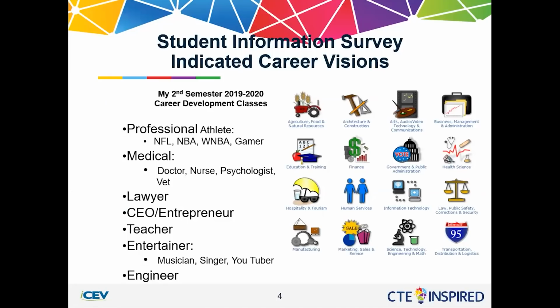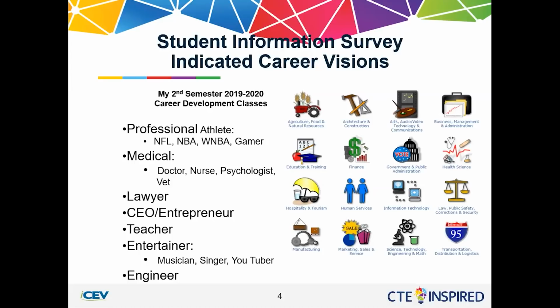This is the result of that survey we took, just to see where the kids' interests were lying in their career plans at the time. I teach about 100 kids, and this is the majority of the results. I had a couple of things outside of this, but most of my students wanted to be a professional athlete, NFL, NBA, WNBA, or a professional gamer.